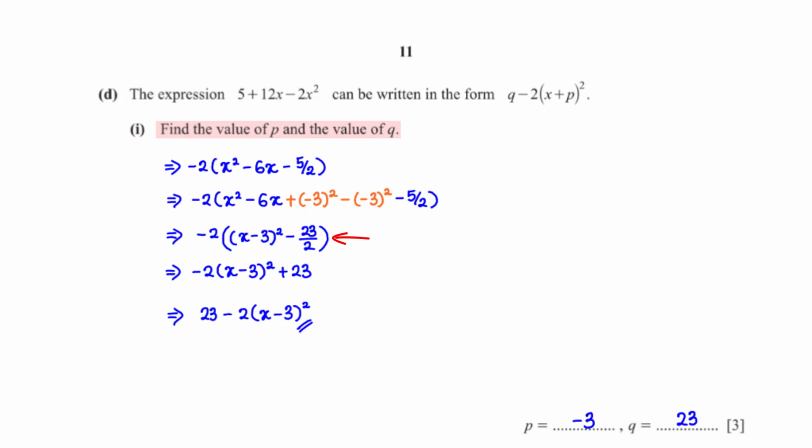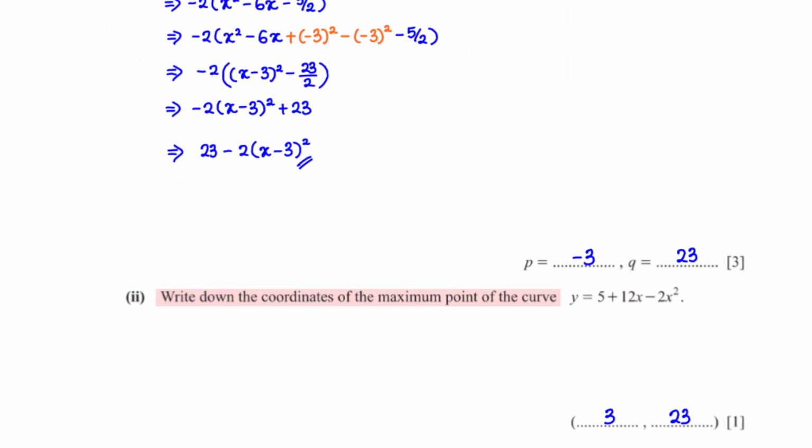When we expand the brackets, this is what we have, which is the same as 23 minus 2 times (x minus 3) squared. When we compare what we have with what was given in the question, we see that p is negative 3 and q is 23.